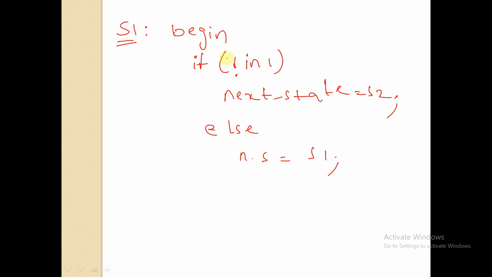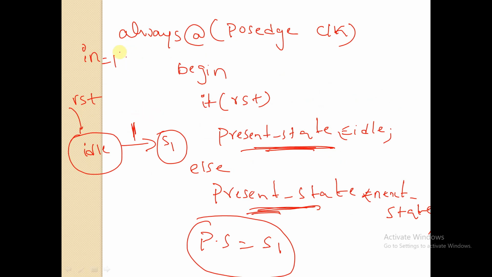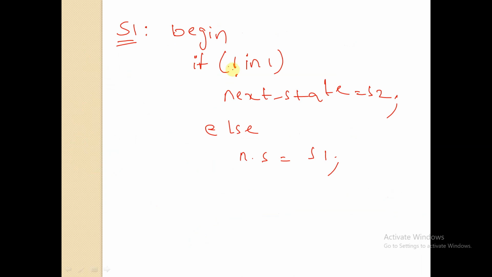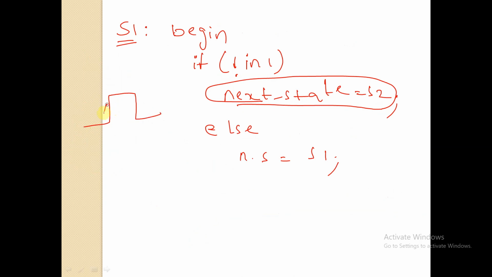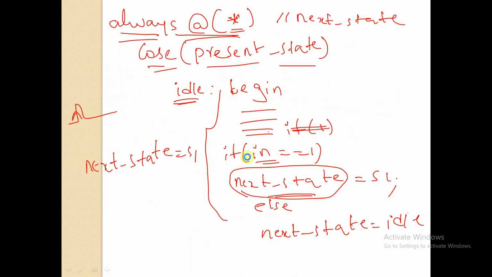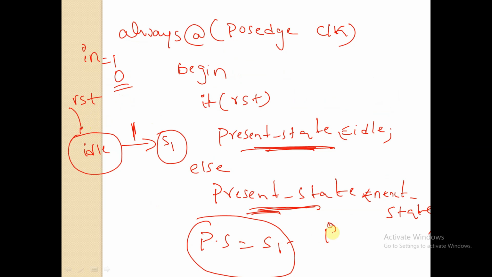So what happens, if my input is equal to 0, then my next state will store the value of S2. And when the positive edge of the clock occurs, that next state value will be stored in my present state. Now present state will be equal to S2, so I will go to my S2 state at the positive edge of the clock, if it is equal to 0.